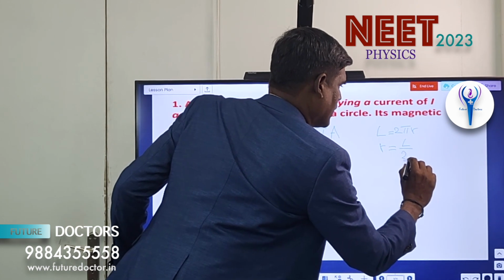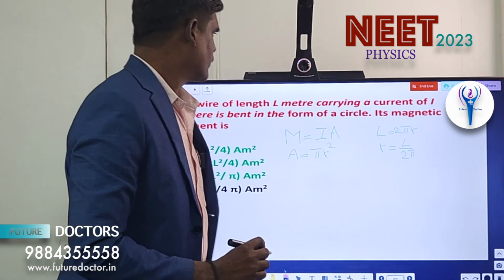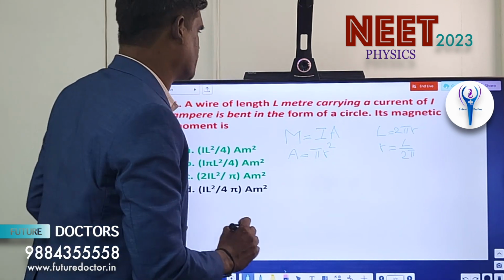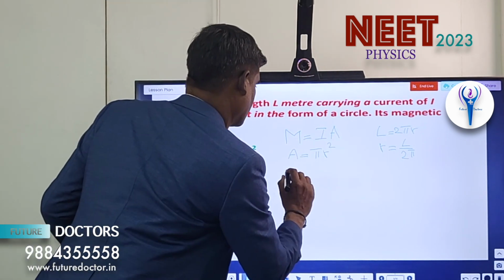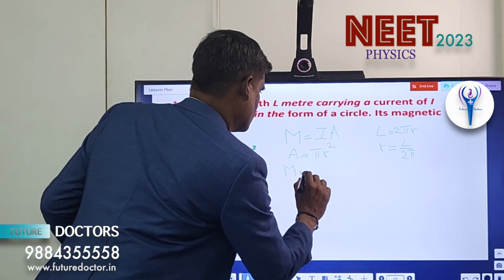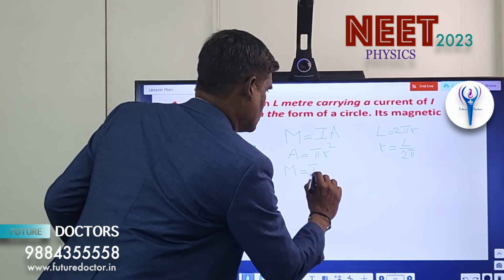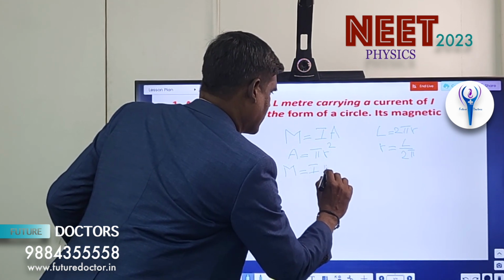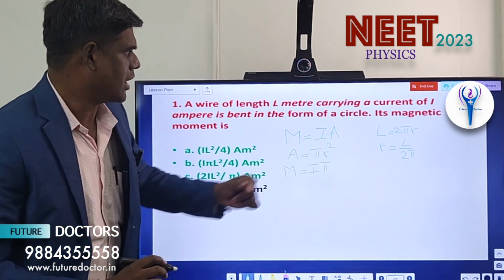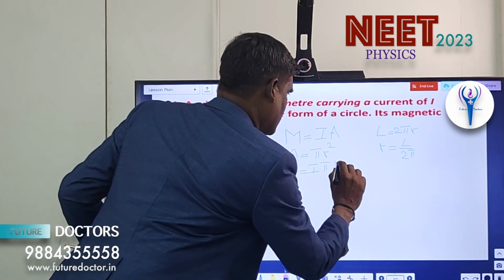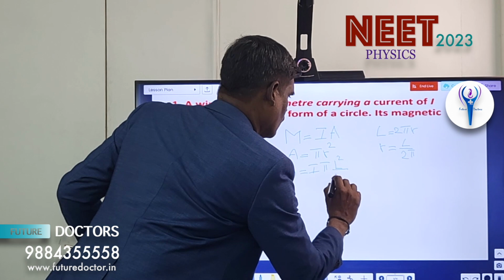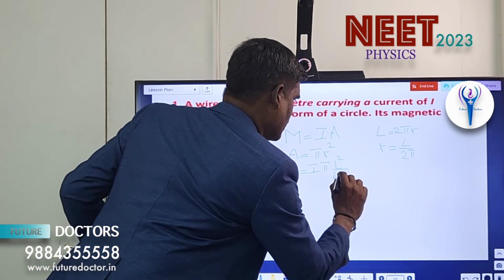Substitute here: M equal to I into pi r square. There R is L by 2 pi, so we get L square by 4 pi square.